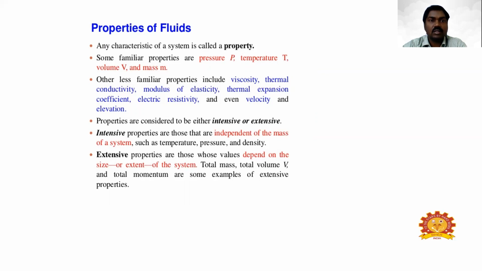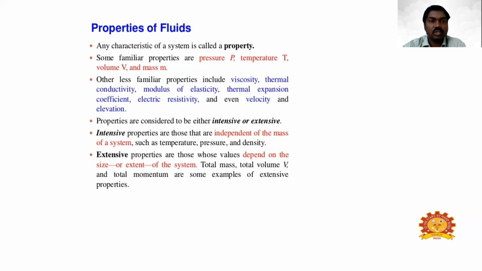Other less familiar properties include viscosity, thermal conductivity, modulus of elasticity, thermal expansion, cohesion, electric resistivity, and even velocity and elevation. The properties are considered to be either intensive or extensive.